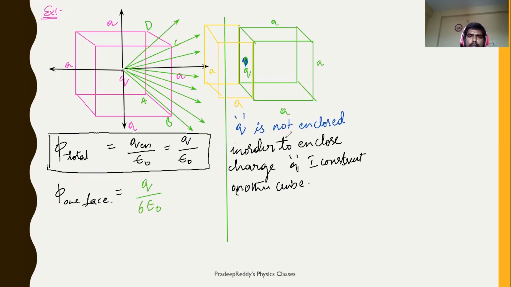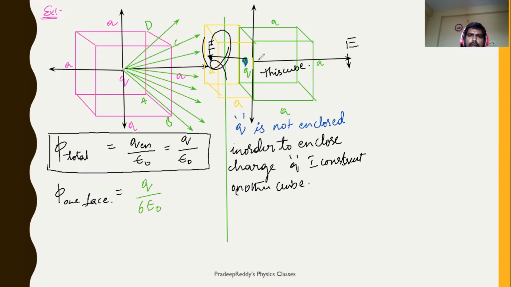This becomes a cuboid. Okay, from this charge Q there will be flux in this direction, there will be flux in this direction, and upward. In all these directions there will be flux, but I want to find out only the flux through this cube. So as from this charge Q, field is extended in this direction and in this direction, but this is not necessary for us.